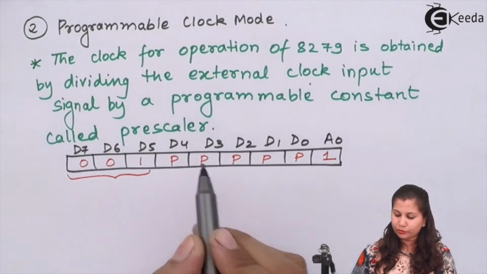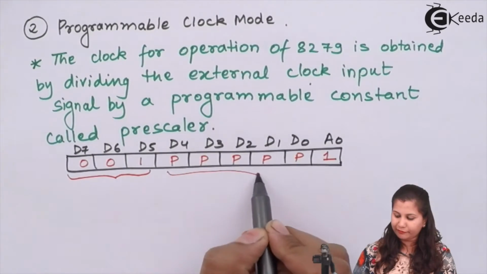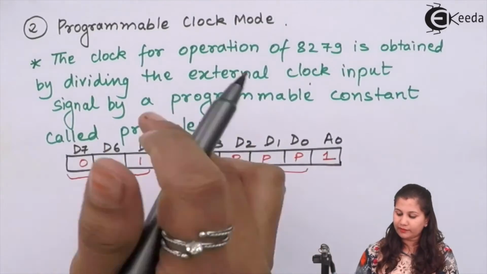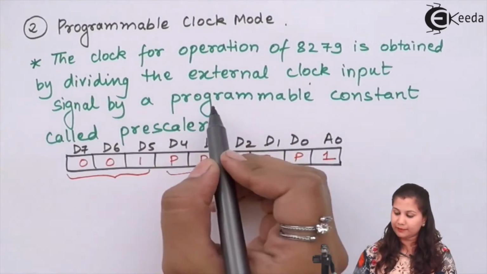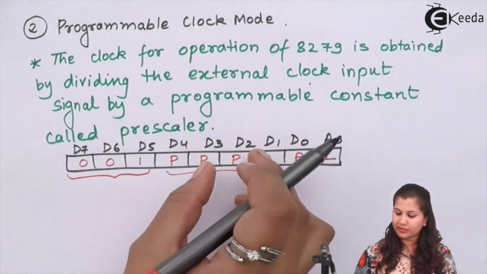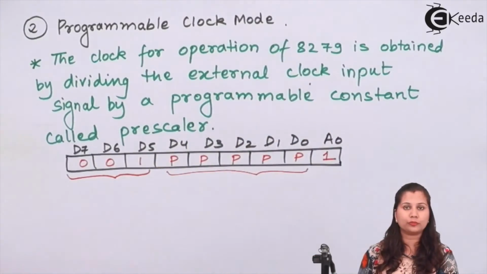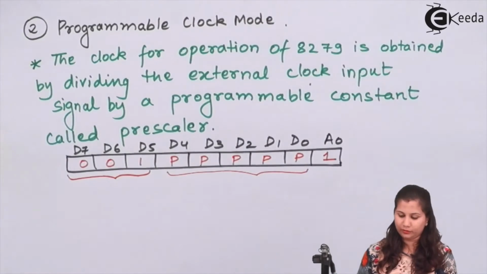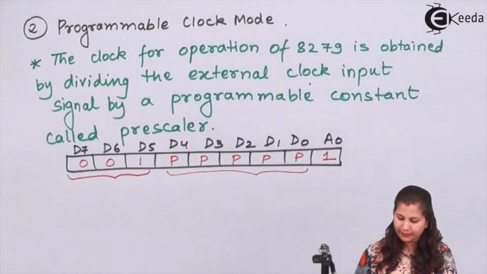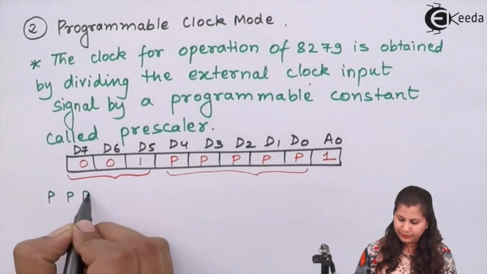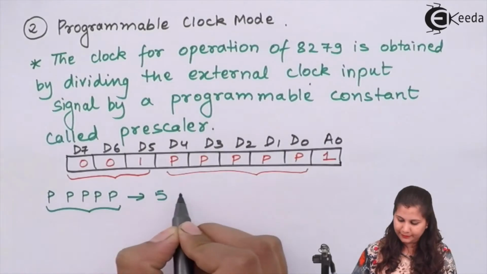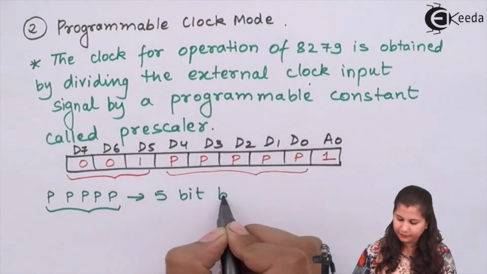So these D4 to D0 bits are the 5 bits of the count which is loaded into this command word, and this count is the value of the prescaler, that is the programmable constant by which the external clock input signal has to be divided so as to obtain the clock input signal. So these P, P, P are the 5-bit binary constant.